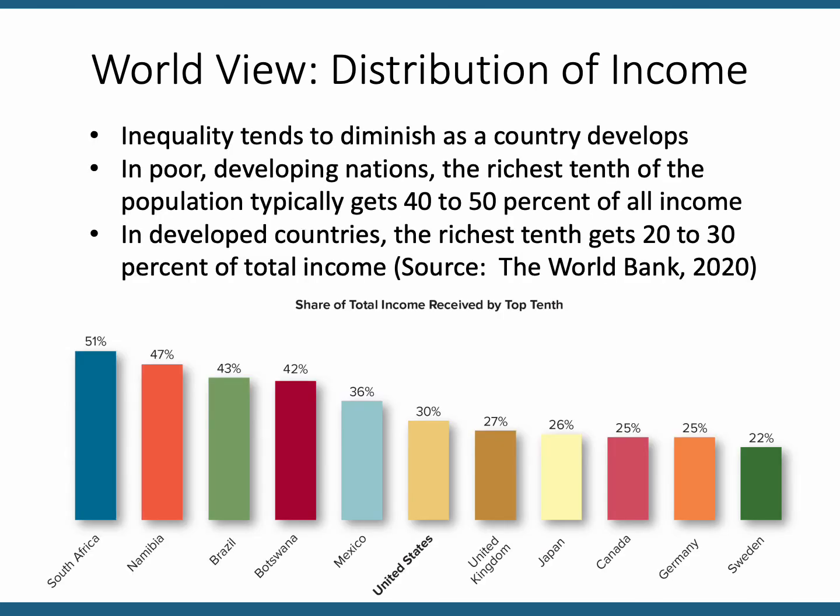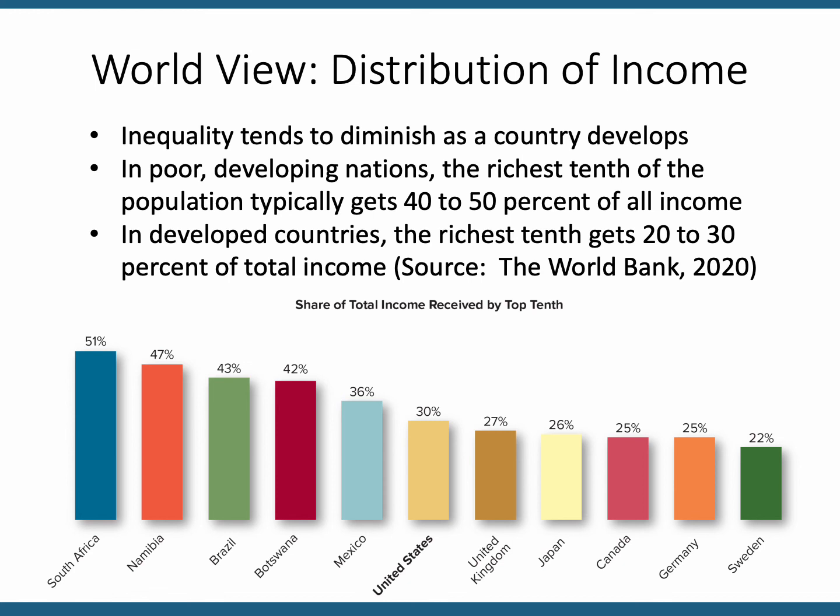This graphic further illustrates how the poorer the nation is, the less evenly distributed the income is, and the more concentrated the income is among the top few percent of the income earners. All the way to the right, these are the richer nations: Sweden, Germany, Canada, Japan, sort of similar to the United States. And this is the percentage of total income earned by the top 10%. So it's 20 to 30%.